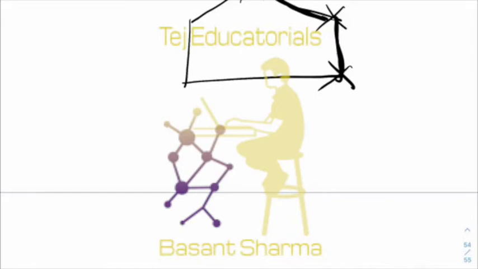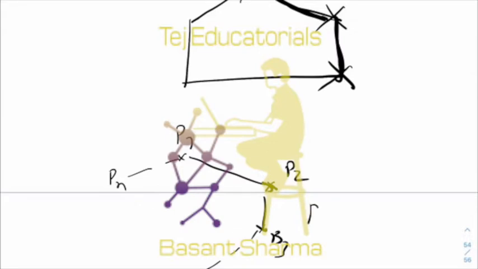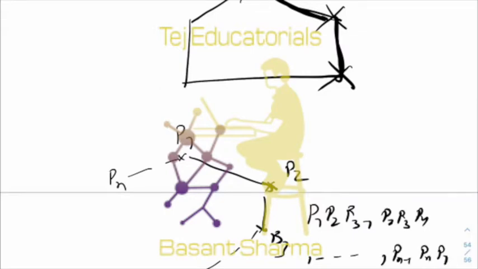In how many ways can you select three consecutive vertices? Suppose you have P1, this point is P2, P3, this is Pn. So one choice is P1, P2, P3, then P2, P3, P4, till Pn minus 1, Pn, P1, and then Pn, P1, P2, the last one.